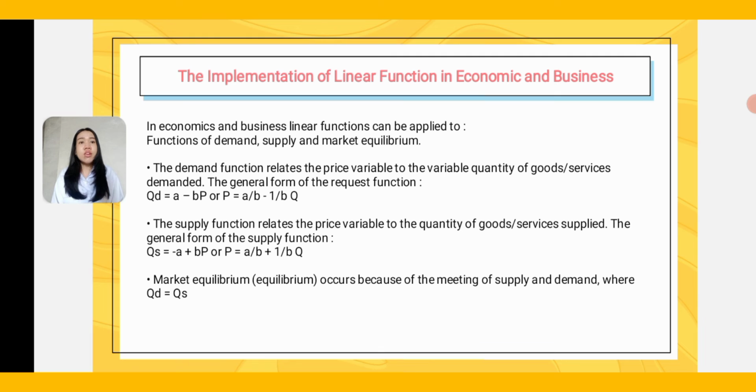The general form of the demand function is QD equals A minus BP, or P equals A by B minus 1 by B Q. The second is the supply function, which relates the price variable to the quantity of a good or service supplied. The general form of the supply function is QS equals minus A plus BP, or P equals A by B plus 1 by B Q. And the last, market equilibrium occurs because of the meeting of supply and demand, where QD equals QS.